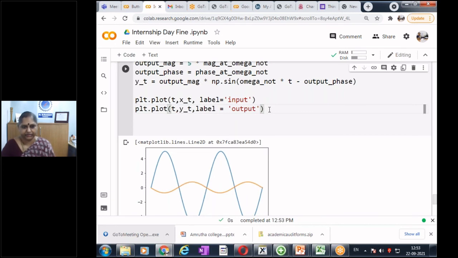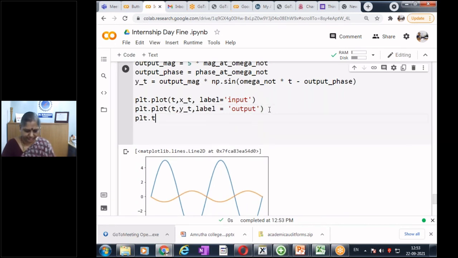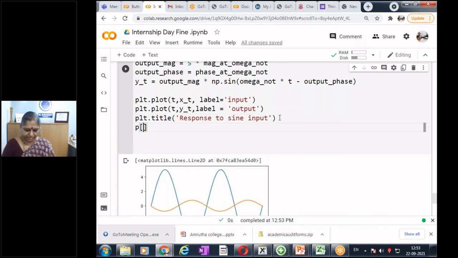And let me put the title. The title is response to sine input. Then put my X label: PLT dot X label will be time in seconds. And what is my Y label?